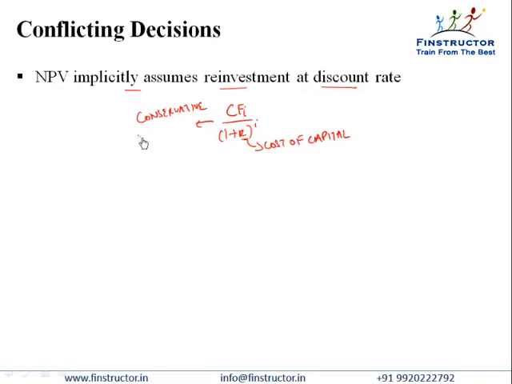We call it conservative because even in the worst case, even if there were no reinvestment opportunities available, the firm still could have earned the cost of capital on its cash flows. So even if you had nowhere to reinvest, let's say even government bonds you couldn't invest in, no other project you could invest in, you could still earn the rate K.